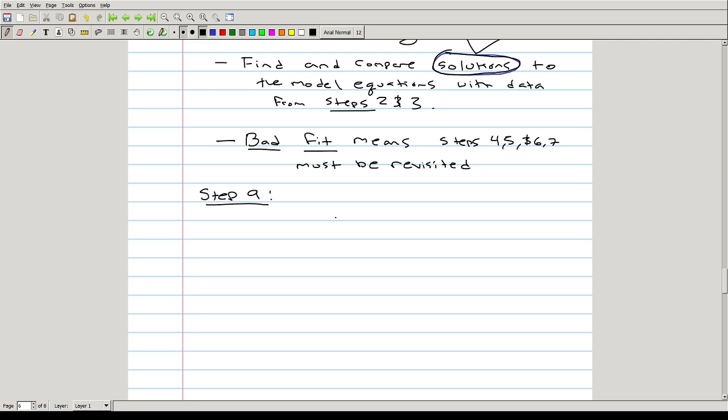So you really push it to the extreme, and you figure out what the limitations and constraints of your model are. I guess what I'll say is investigate model limitations and constraints.